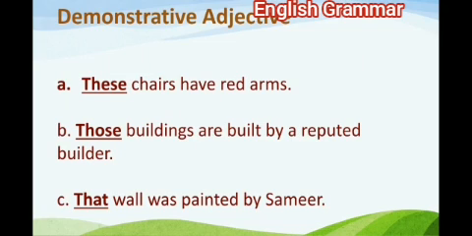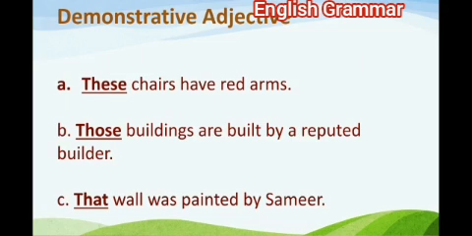Now, this and that are used for singular nouns. We use them when we are talking about one thing. While this is used for nouns that are nearby, around us, that is used for things that are a bit far from us, not where we are.